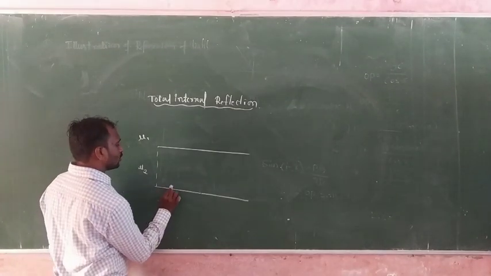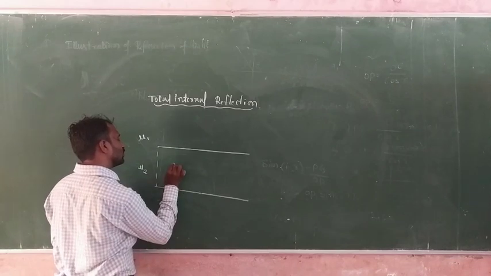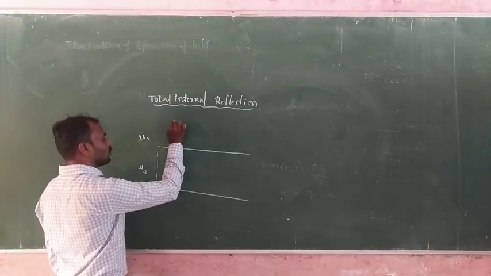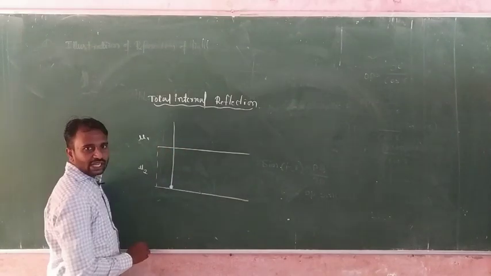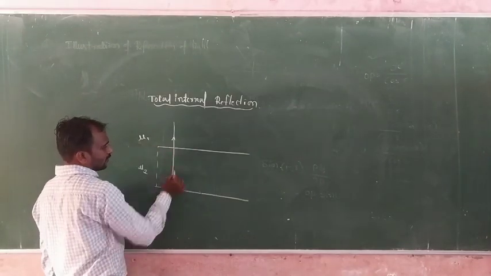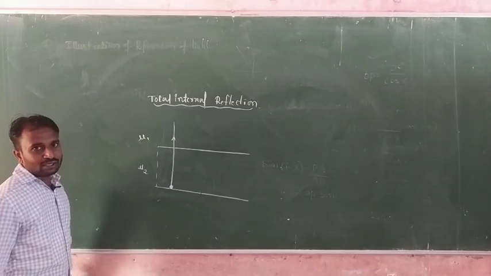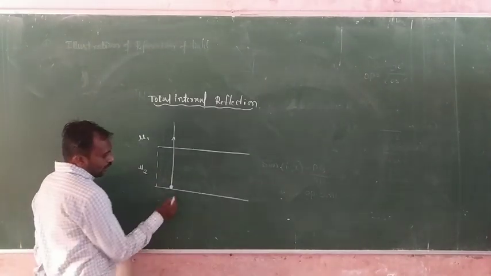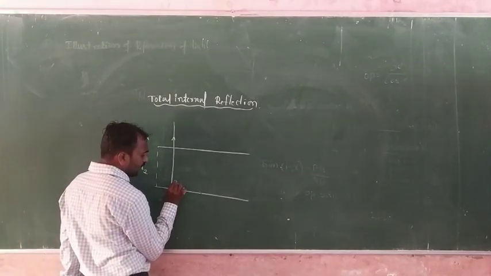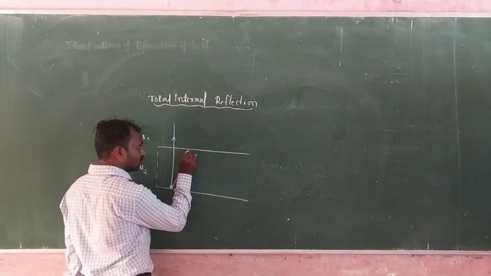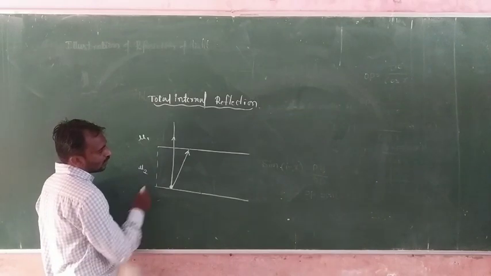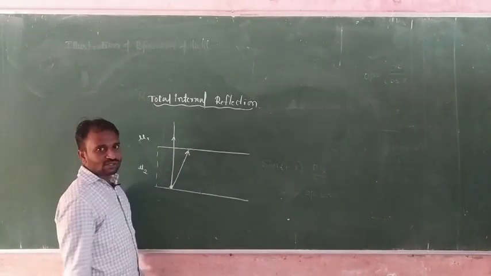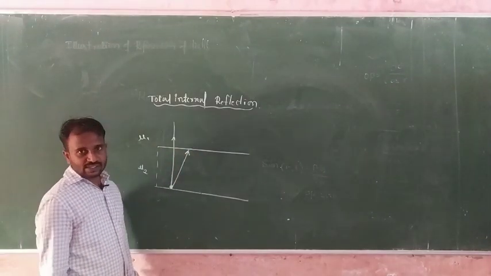Here the light rays come from this object and are incident normally on the first refracting surface. So this one we consider normal incidence. And here is another light ray, incident on the refracting surface.